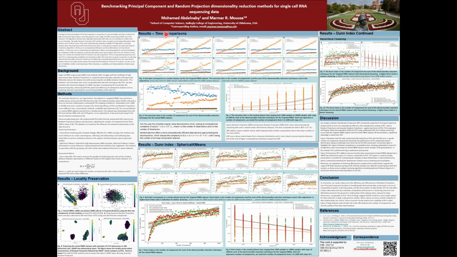And in terms of our observations in this research project, first we have to talk about locality preservation and see if both PCA and random projection preserve locality. As you can see here in figure 1, A and B, figure 1A is for PCA, and B is for Gaussian random projection. You get this plot if you project the dimensions to 2 dimensions and then plot the clustering.